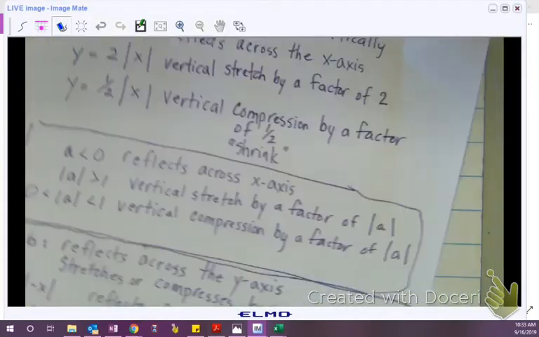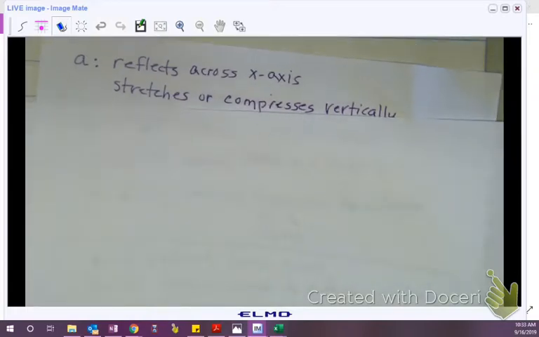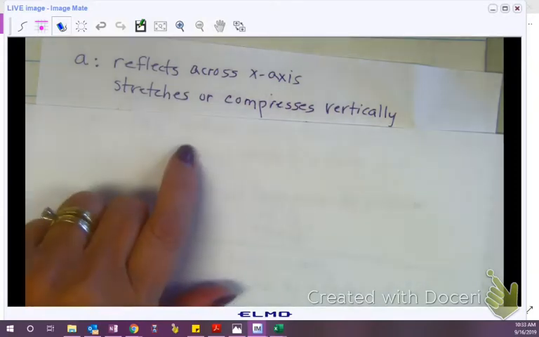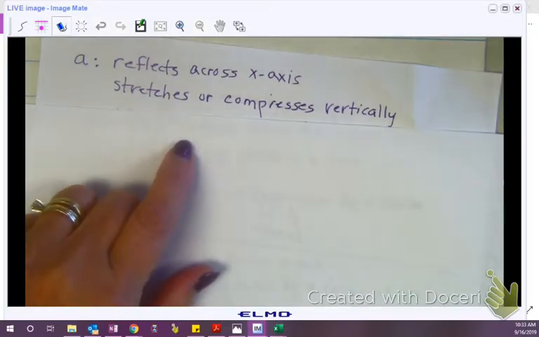Now we're going to look at the A page. So first you need to copy, these are the things that A can do. A reflects across the x-axis. A can also either stretch or compress the function vertically.